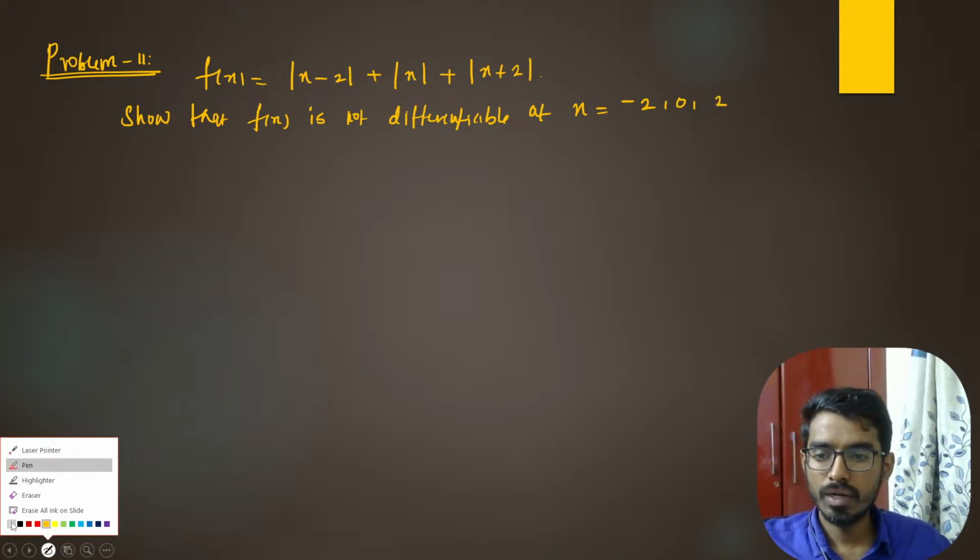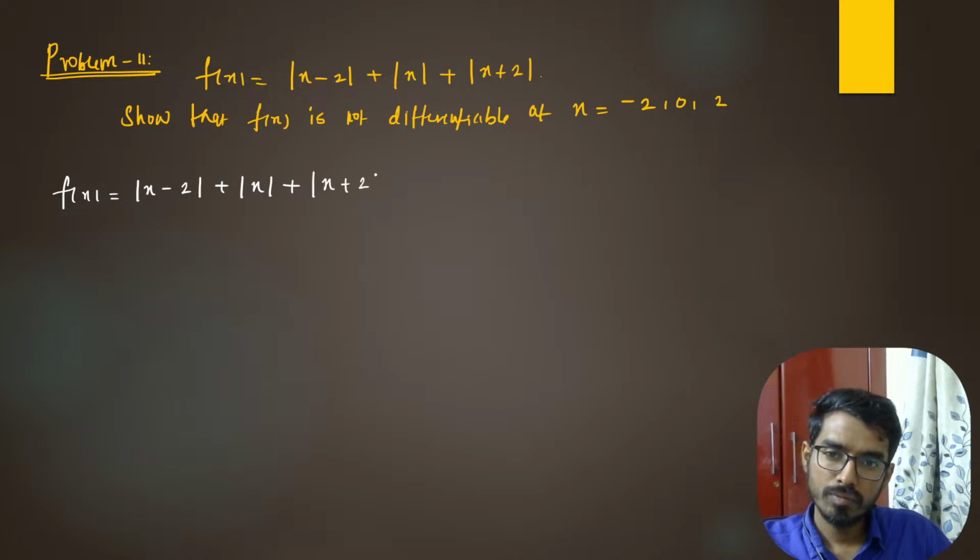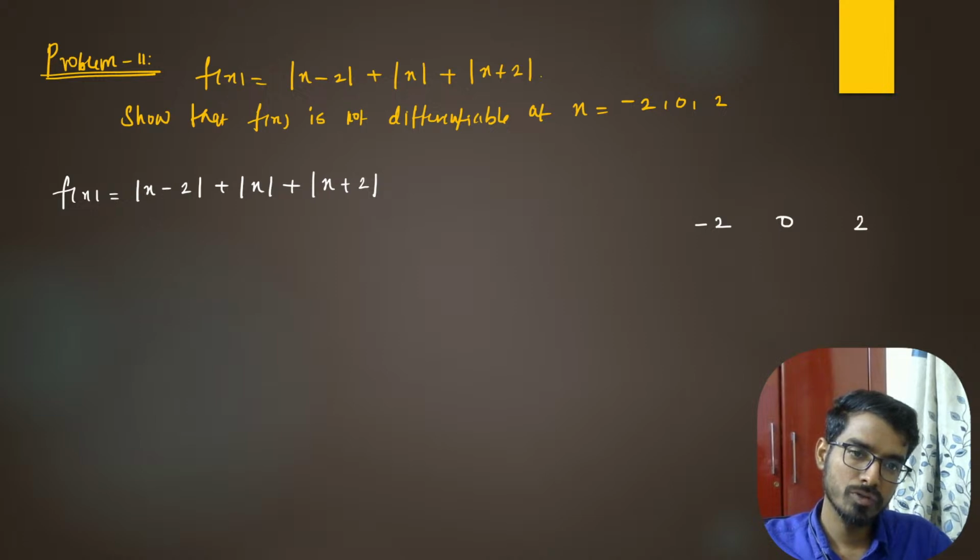See, first what we'll do is we'll redefine the function. So f of x is modulus of x minus 2 plus modulus of x plus modulus of x plus 2, right? So what are the zeros for this? Minus 2, 0 and plus 2.